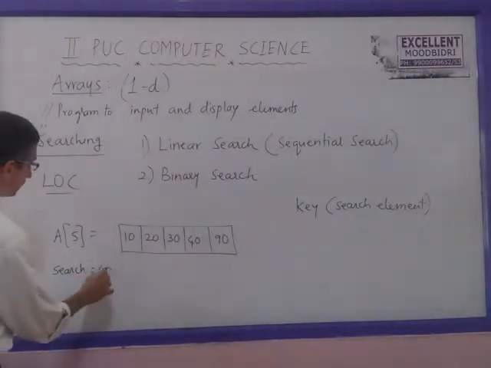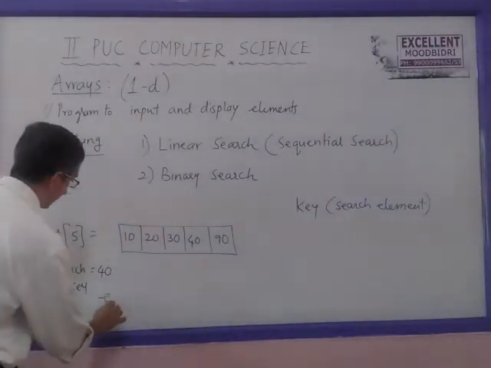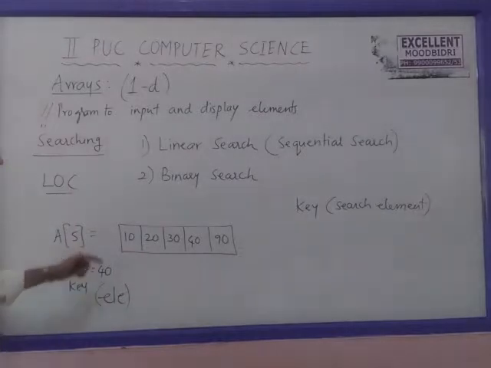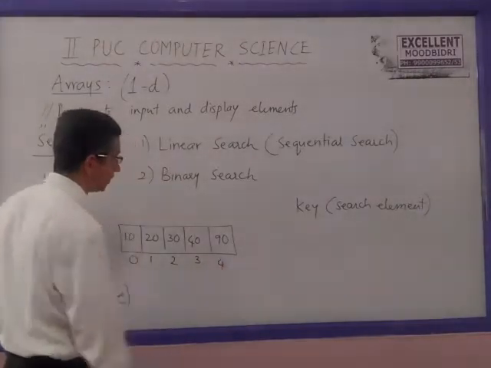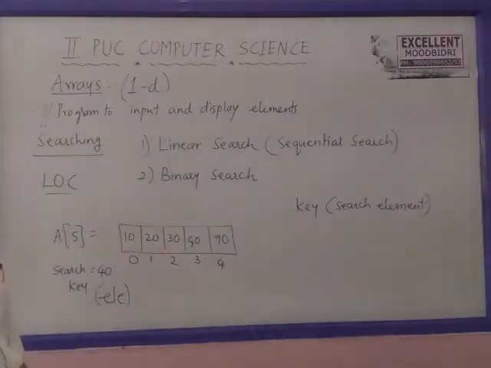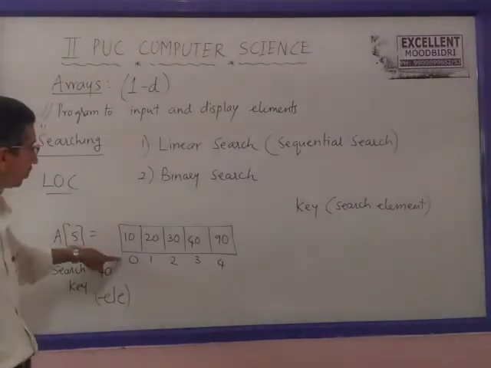It is the key, or in the algorithm usually we denote it as element, ELE. It is 40. We enter the search item. Indexes we know are 0, 1, 2, 3 and 4. So according to this linear search algorithm, the element is compared with the first item, index 0. How much is that?